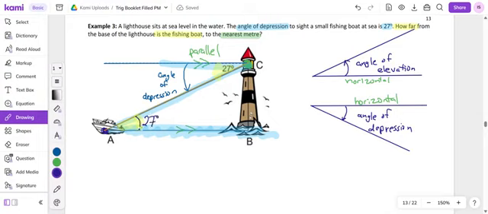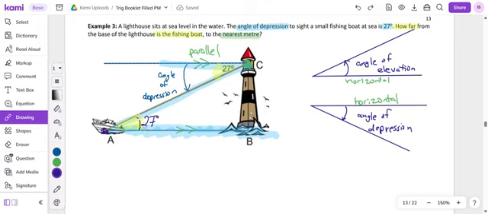So that means that this smaller angle here is the 27. And folks, look at this. From the water, what would you call this angle? If the water is the horizontal, what is this angle called? Good, it's the angle of elevation. So with this parallel line theorem, we see, oh, the angle of depression and elevation are the same.